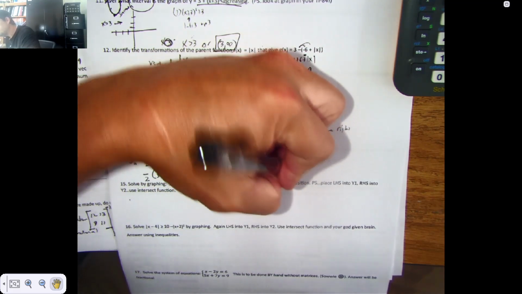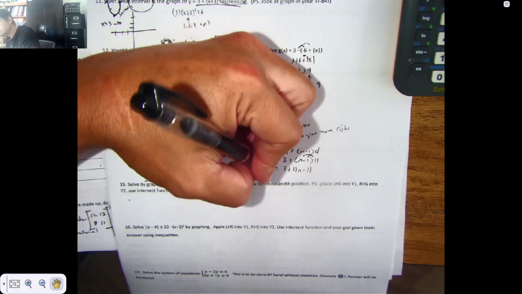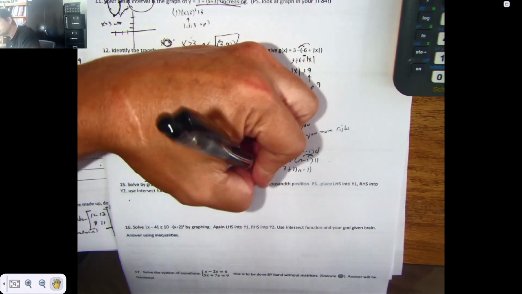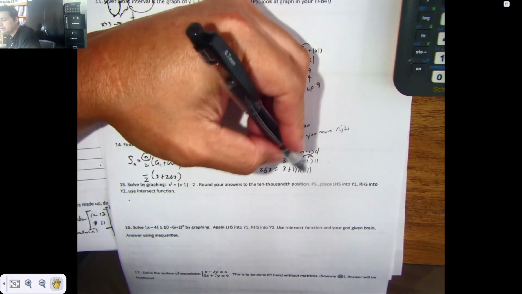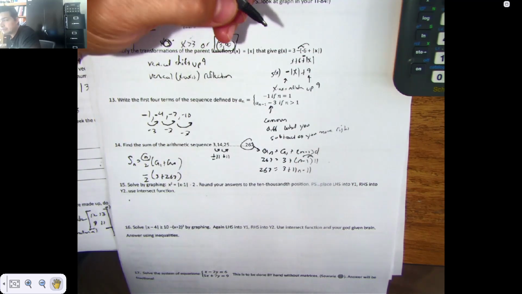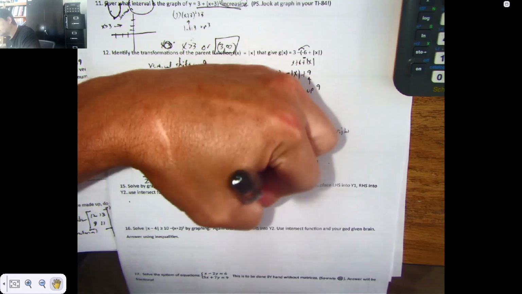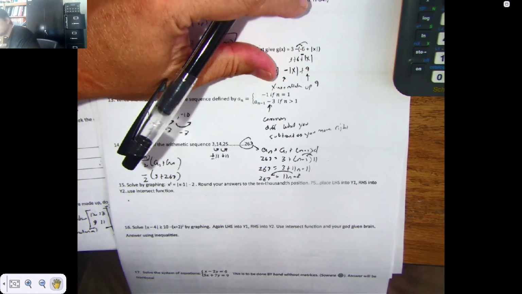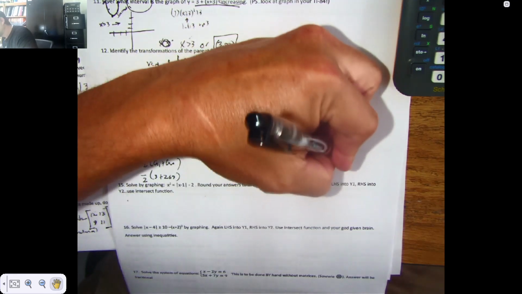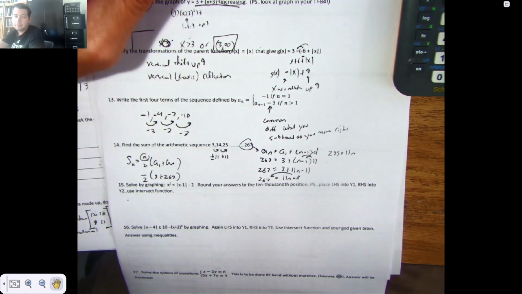If I distribute, I have 11n minus 11, still equal to 267, I think. 3 minus 11 is -8. I'm going to add 8 to 267, which should give me 275. And I'm going to divide through by 11.